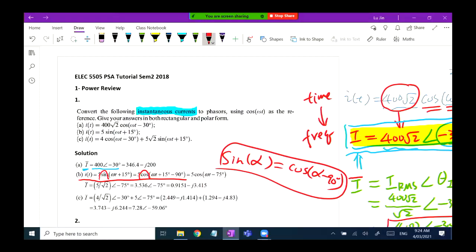In part C, the tricky thing is that i(t) in the time domain is the summation of two functions, one cosine and one sine. Of course, if you like, you can use trigonometric formulas to finish this calculation in the time domain, but I don't suggest that because the calculation is pretty long, complicated and redundant.